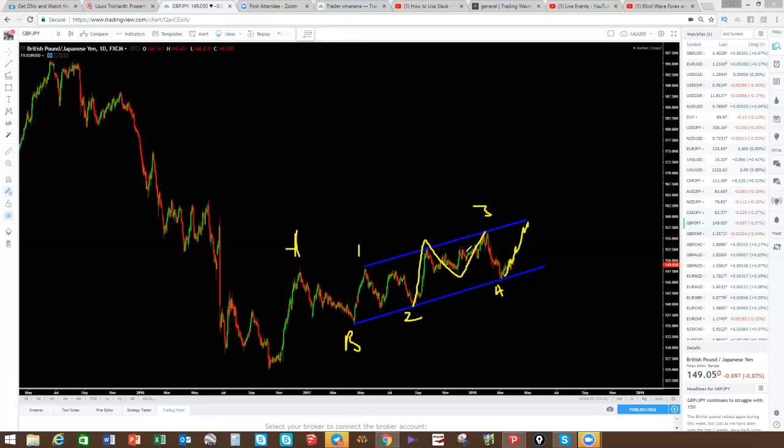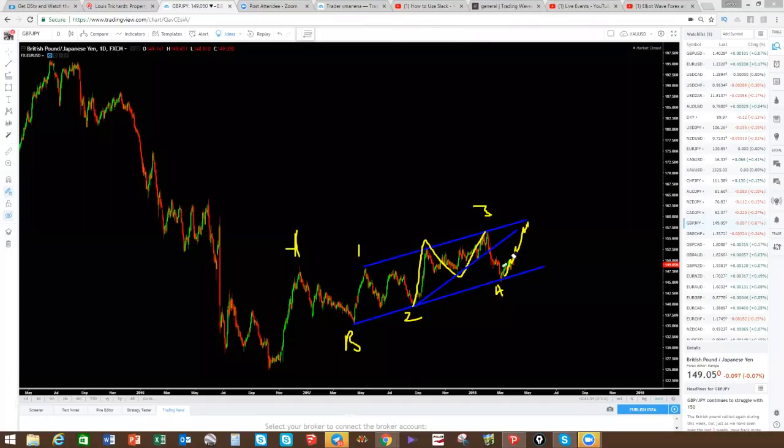Actually, it will not comply to the rules unless the diagonals are going something like this from here. That will be a wave C. Let's clean it up. Everything else. Look at that one. Yes.